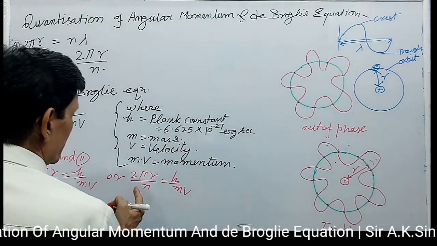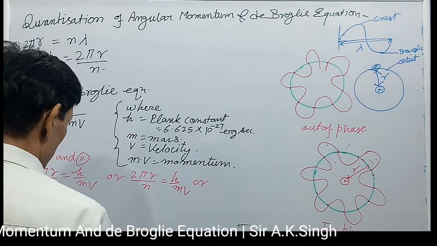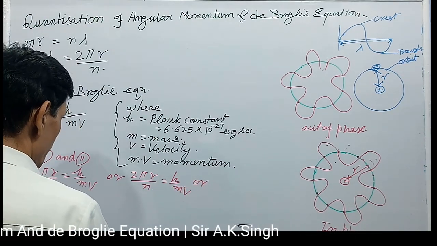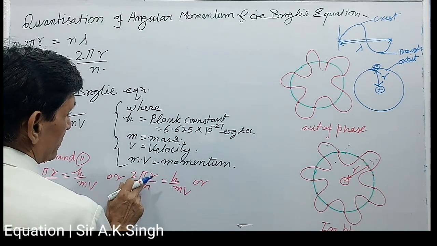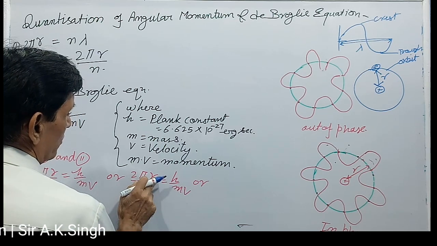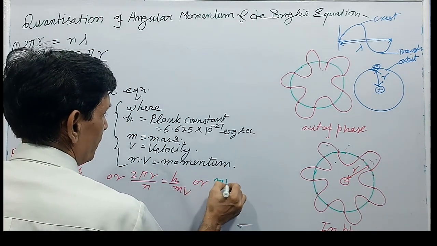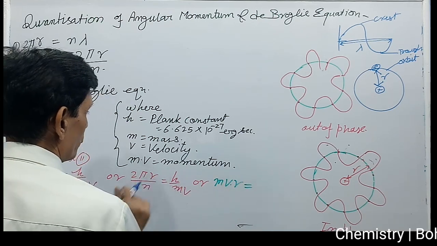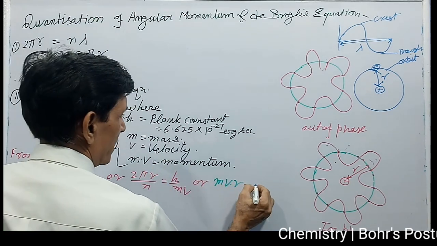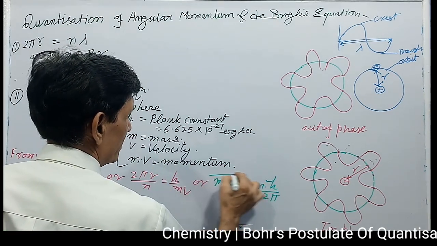Now we can write mv into r, the angular momentum, equals nh by 2 pi.